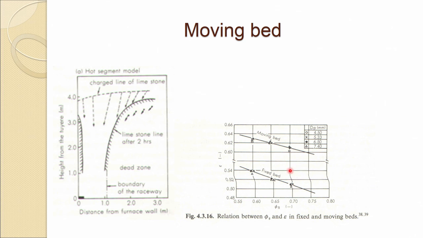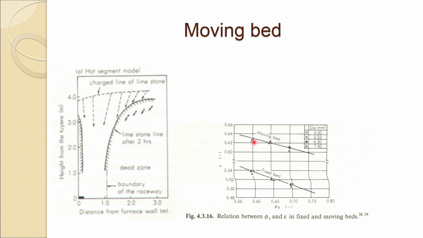And this figure shows the void fraction, which varies, because permeability is a very important thing in the blast furnace for smooth operation and good productivity. So, for a fixed bed the void fraction is about 0.5, and for a moving bed the void fraction is around 0.6 or 0.62.